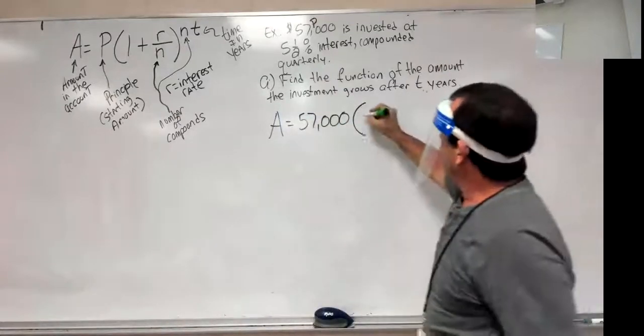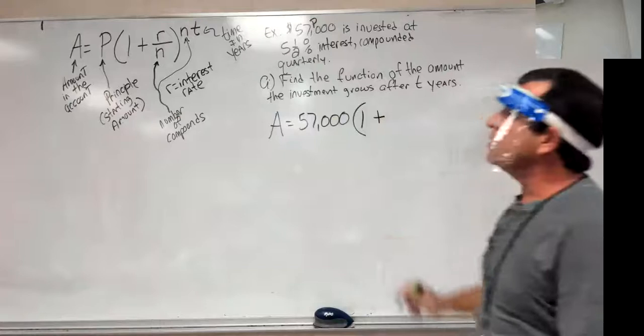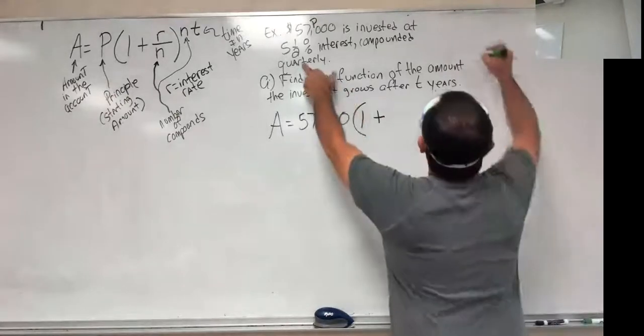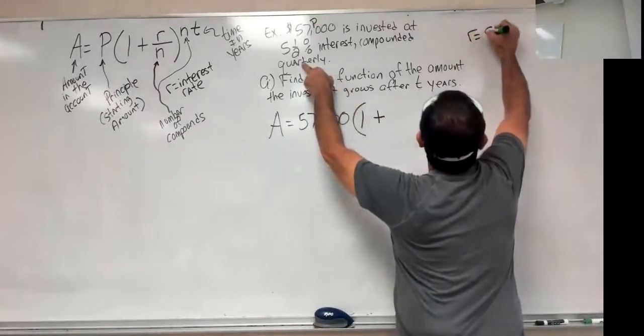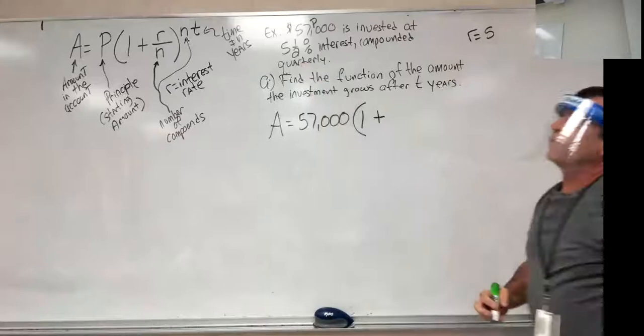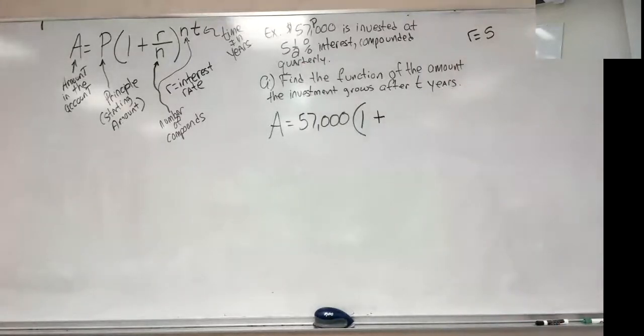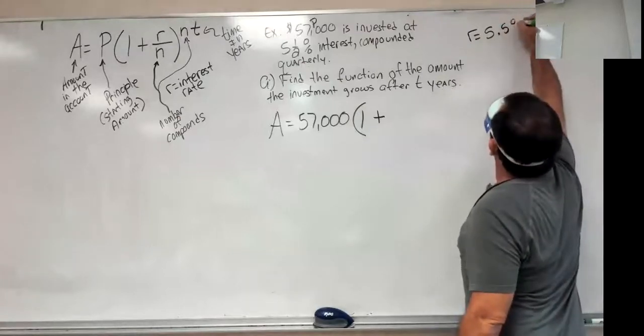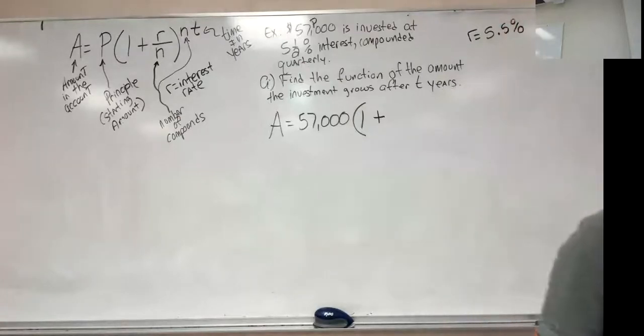Then we've got 1 plus R divided by N. So my R. First of all, I'm going to turn that 5.5 percent into a decimal. But that's still in percent form, right?